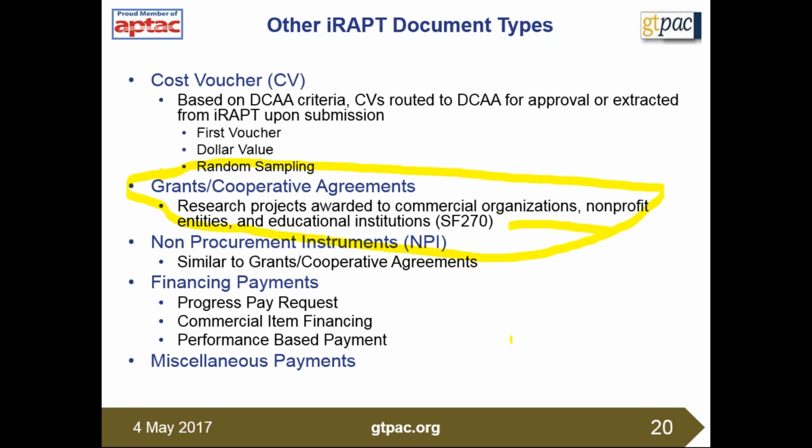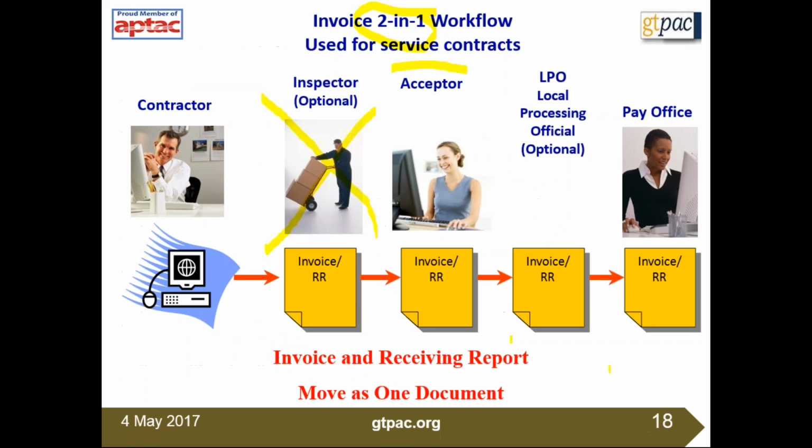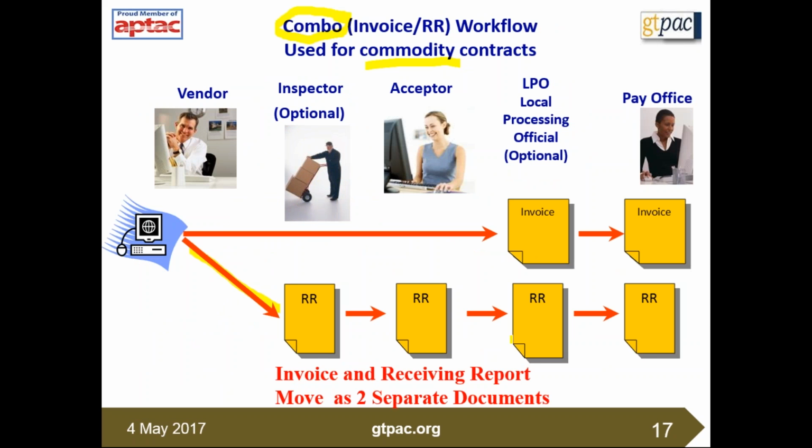Okay, I got a question from Anna. Anna asks, how do you know which invoice document you need to submit? Does the CO tell you? That is probably going to be in the contract, Anna, but if it's a commodity, it's going to be a combo.